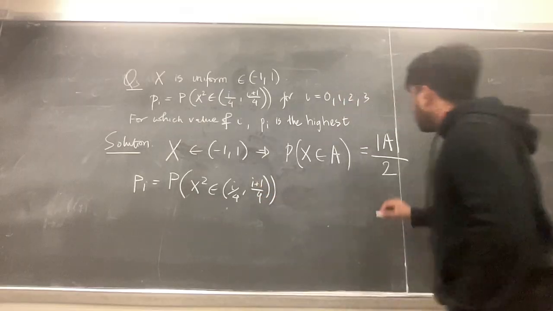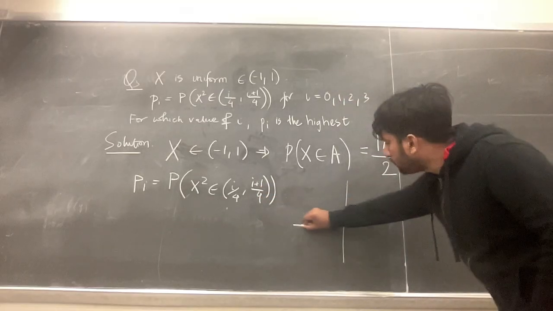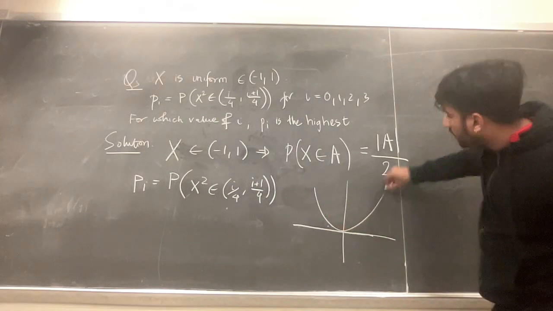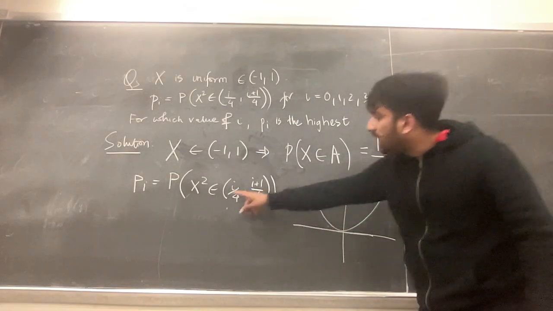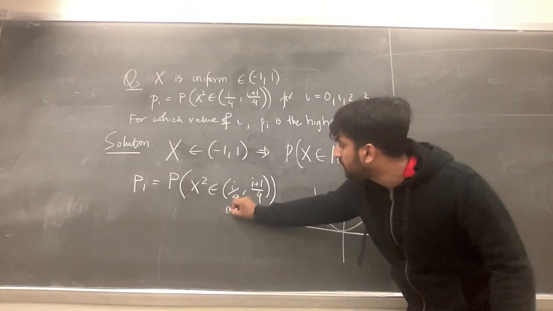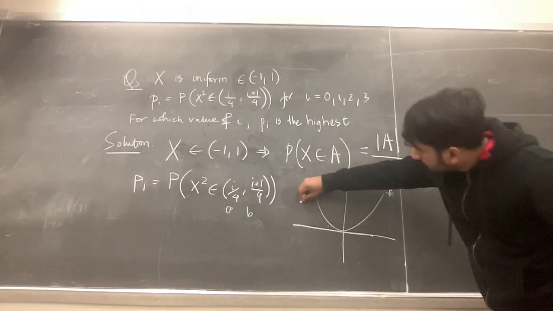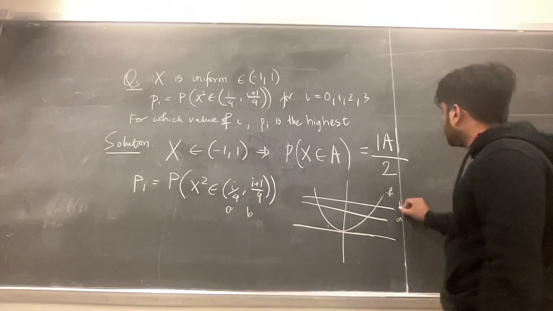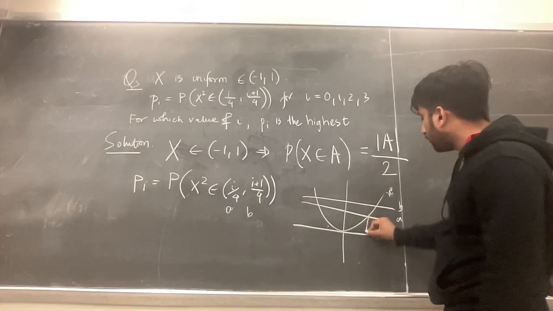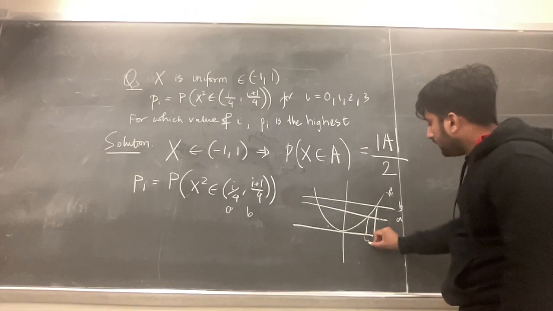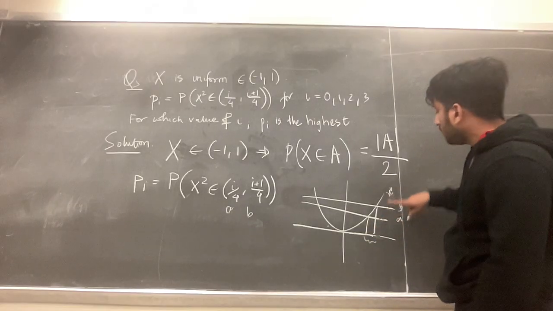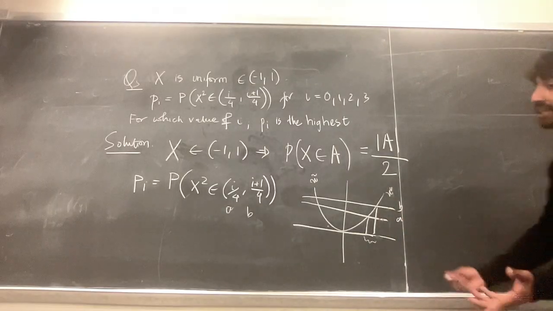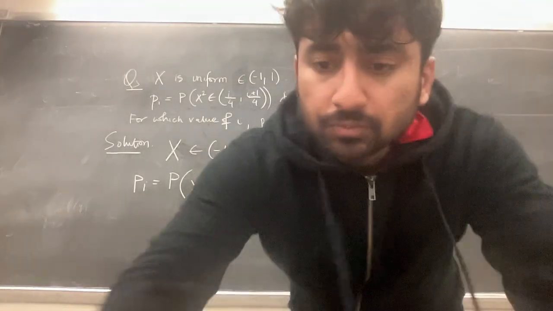And this is simple, right? Because if this is a parabola, this is the x squared distribution, and it's asked between this interval, let's call it a and b. So if this is a and this is b, for which values on the x-axis will x squared be between a and b? The answer is simple.